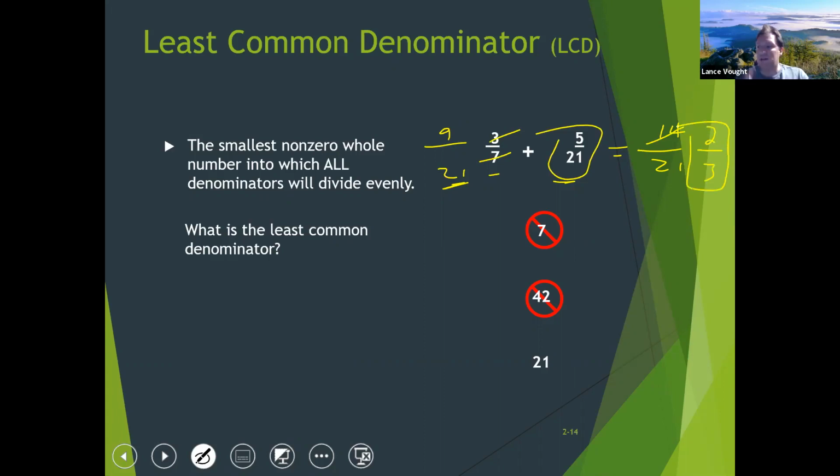So if you take 3 slices of a 7-slice pizza and 5 slices of a 21-slice pizza together, you would get a Pac-Man pizza of 2/3 of it being filled. I actually don't know what the ratio of Pac-Man's mouth to its body is, but let's just say it's 2/3.